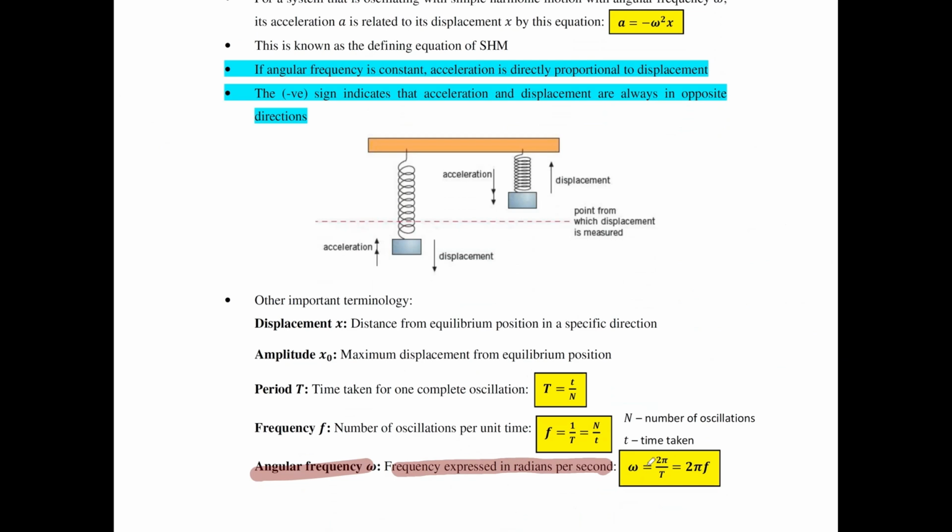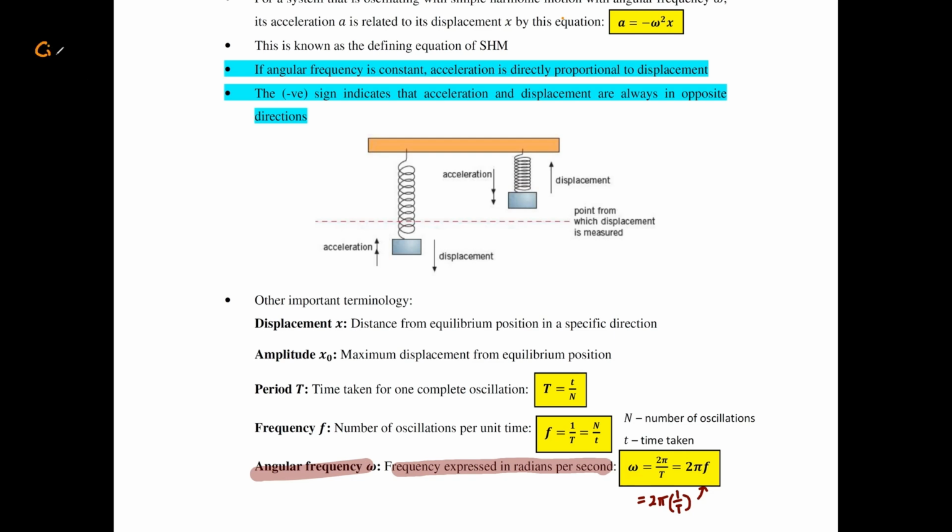In equation form, omega equals 2 pi over T, and then equals 2 pi f, because you see this one here is 2 pi times 1 over T, and 1 over T is actually frequency, so you get 2 pi f. Now you may be wondering, if you've gone through circular motion with me, this symbol and the equation is something that you actually learned in circular motion. It looks kind of familiar. It's actually the same equation.